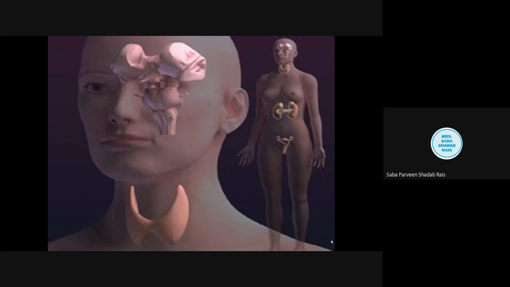Now see the function of this particular hormone. Students, the most important function of hormones is that they work in a stress condition to maintain homeostasis.